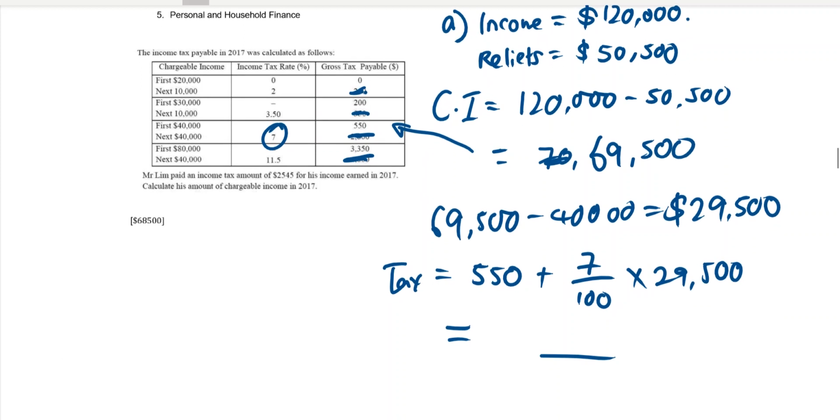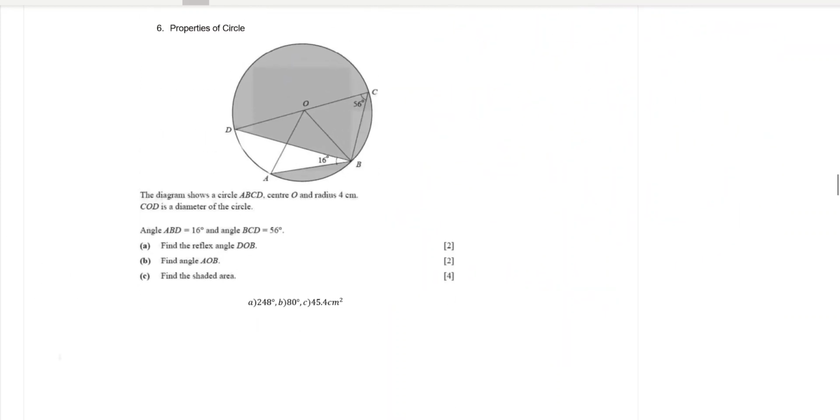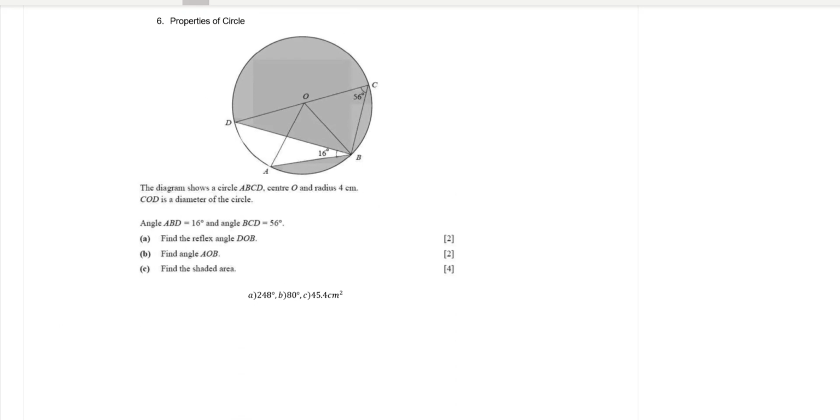Next one, properties of circle. Pretty standard that it will come out because it's not tested in paper 1. Paper 1 probably has a little bit of properties of circle where it asks you to prove the congruent triangle. But I'm also guessing that in properties of circle it might be linked together with radian measure.